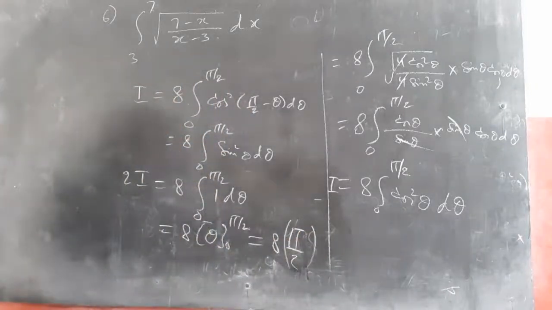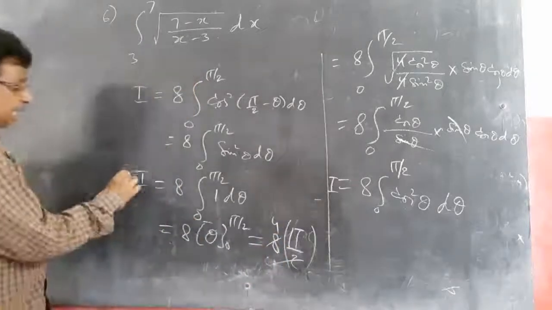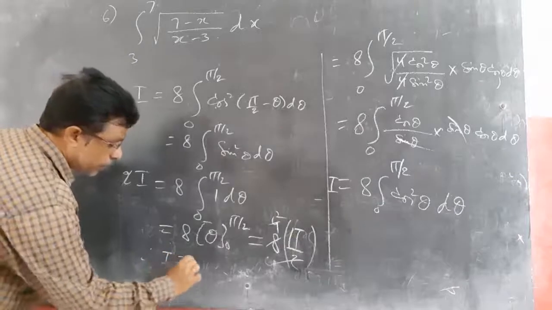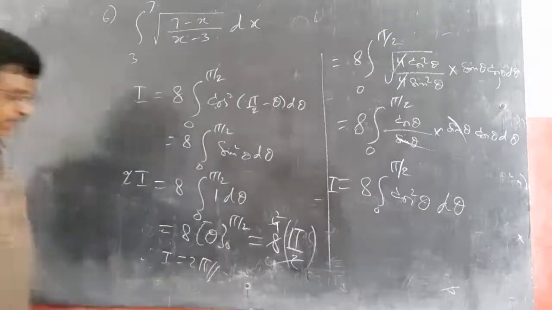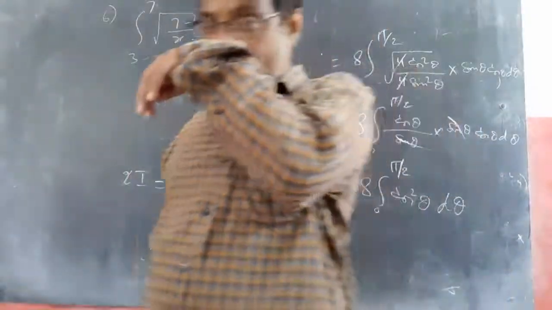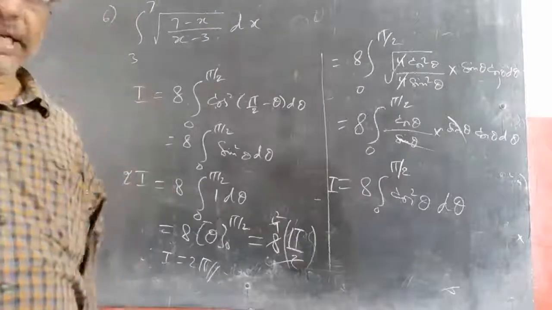So 2I equals 8 into pi by 2. You can cancel 2, 4, again 2, 2. So therefore I equals 2 pi. I equals 2 pi is your final answer.